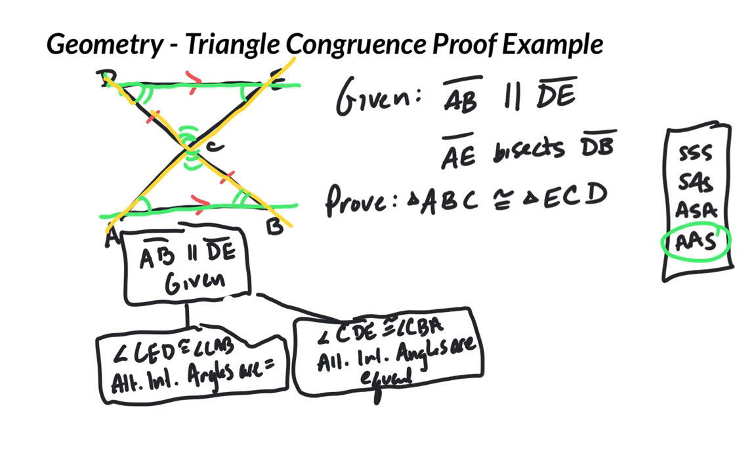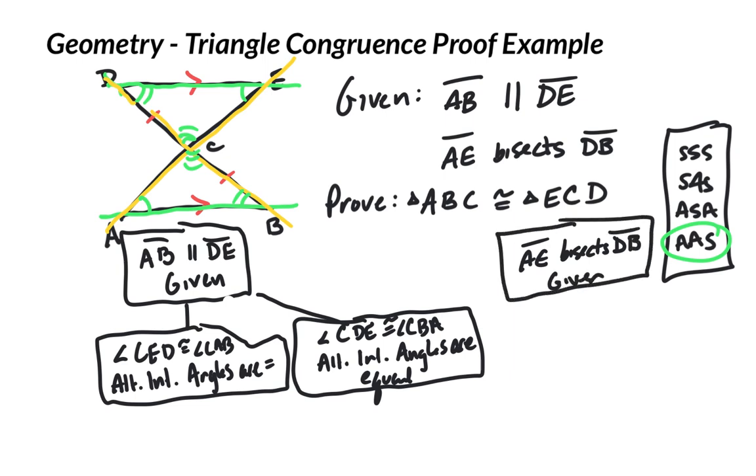Okay. Next thing we were given was that AE bisected DB. That was given. And what that gave us then was that CD was congruent to CB. And again, this is the definition of a bisector.